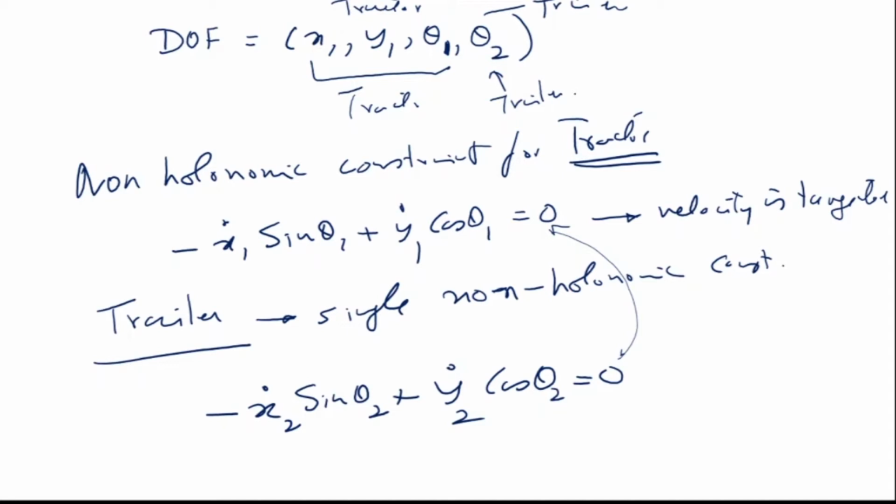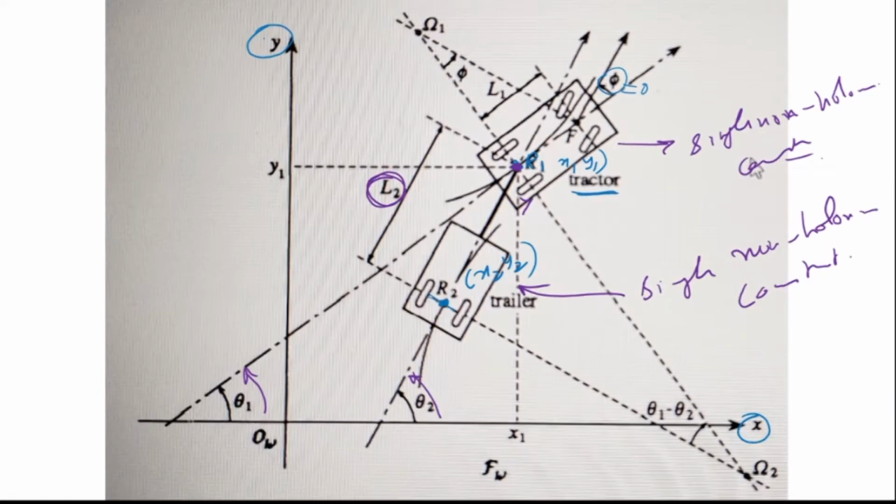Now, is there some other relation between x2 and x1? Let's go back and look at the figure again. This is my x1, and this is my x2, x2, y2, so the projection is there. Which means that x2 is equal to x1 minus L2 cos theta 2. This is my cos theta 2. Where is x2? x2 is this point.